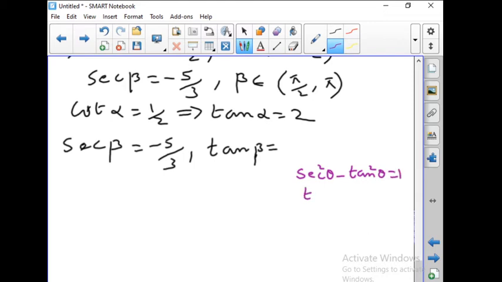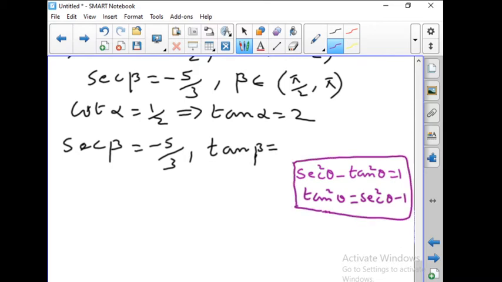Therefore, what is tan square theta? Tan square theta is equal to secant square theta minus 1. So this is the identity we know. Therefore, tan beta is equal to root of secant square beta minus 1.